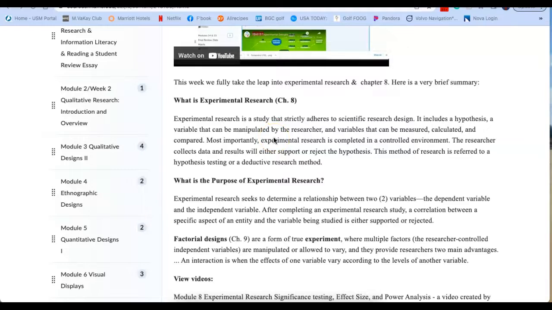So in this case, there's a hypothesis and a variable that can be manipulated by the researchers, variables that can be measured, calculated, and compared. So what's the purpose of this? Well, it seeks to determine the relationship between the two variables. Meaning, is there a correlation between a specific aspect of an entity and the variable being studied?